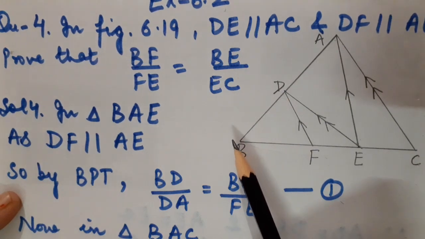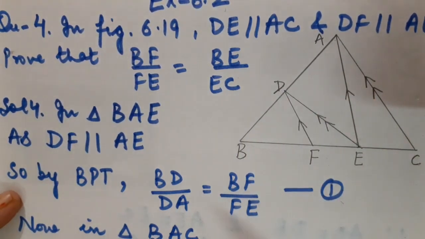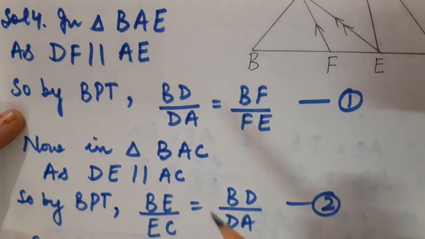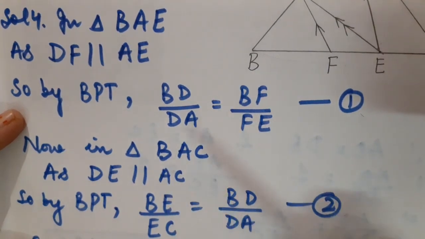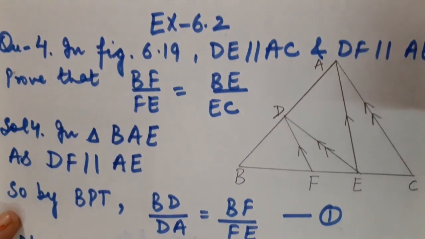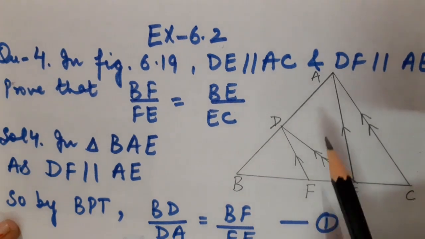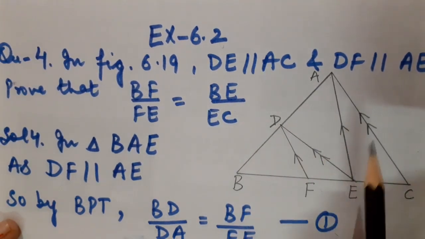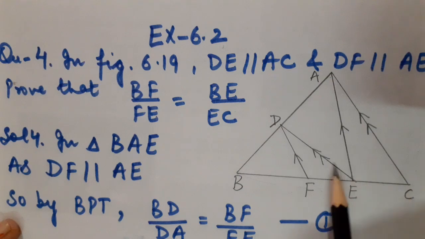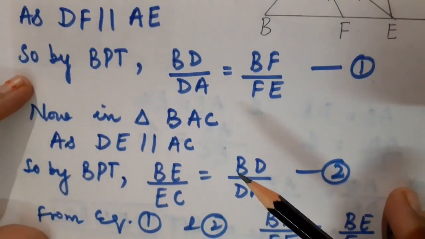That is triangle BAC. So in triangle BAC, children, you can see in the diagram that DE is parallel to AC. This is DE, which is parallel to AC. So let us apply BPT in it now.